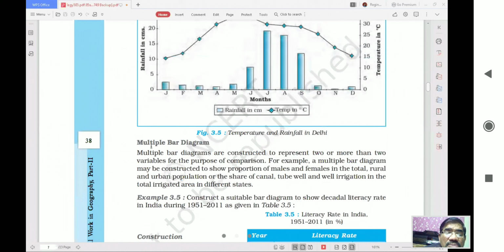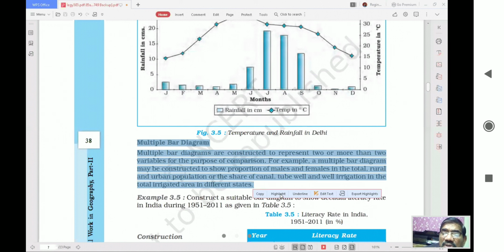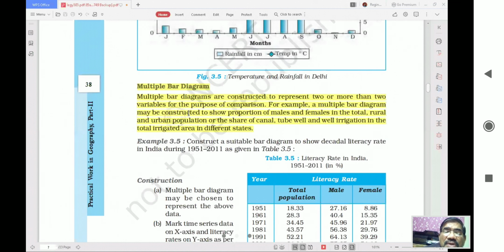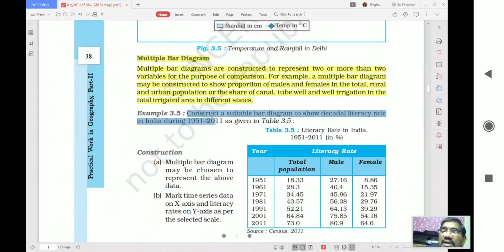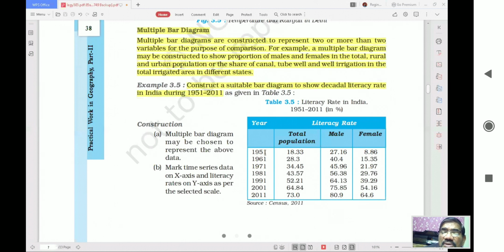Now comes the next topic which you have to make, which is this multiple bar diagram, in which you have to draw more than one bar together, right? So this will be your first page data which you will be doing. I have highlighted it for you, and on the second page you will write this whole data which is given in the book, and this data will also be written on the back side of the page.